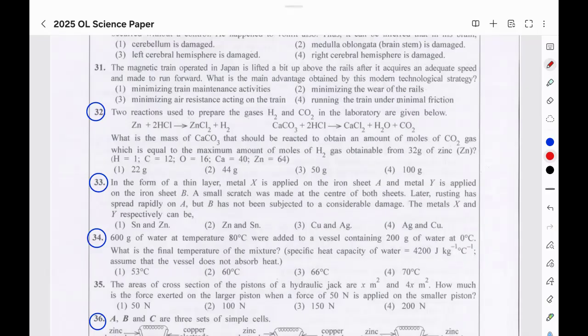They're asking what is the mass of calcium carbonate that should be reacted to obtain an amount of moles of carbon dioxide gas which is equal to the maximum amount of hydrogen gas obtainable from 32 grams of zinc. Okay, so it seems to be a very difficult calculation. Am I right? Or easy for you?